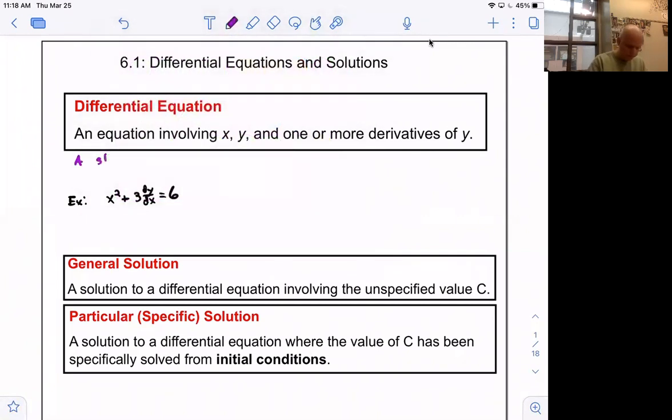Sometimes you'll see differential equations given as statements, like in English sentences. In that case, a differential equation looks like a statement involving one or more quantities, so those are variables, and their rates of change.